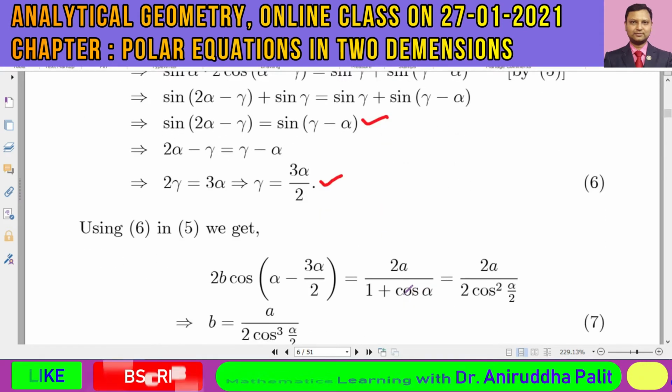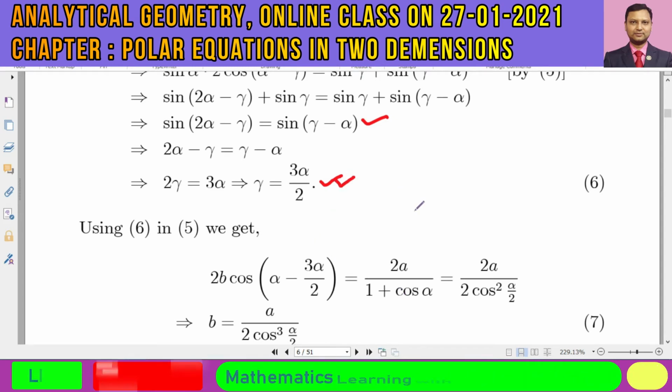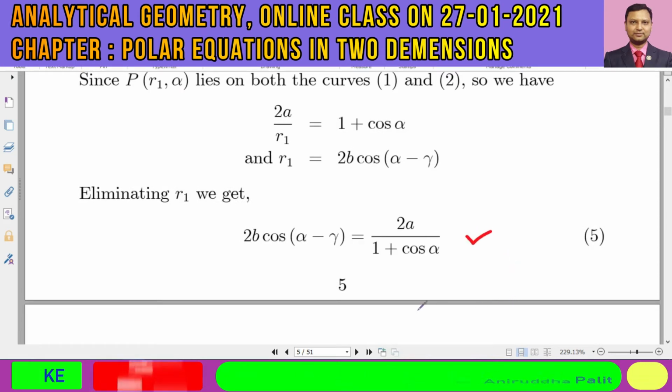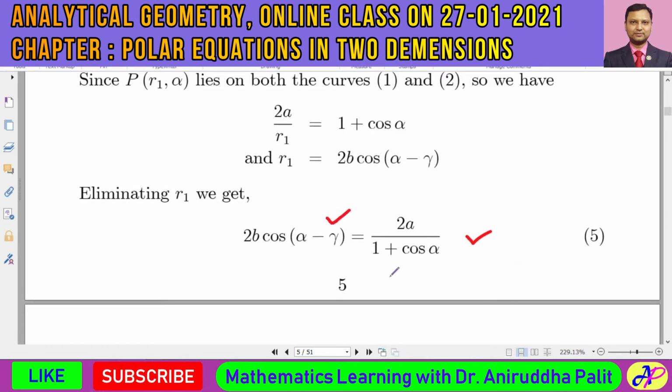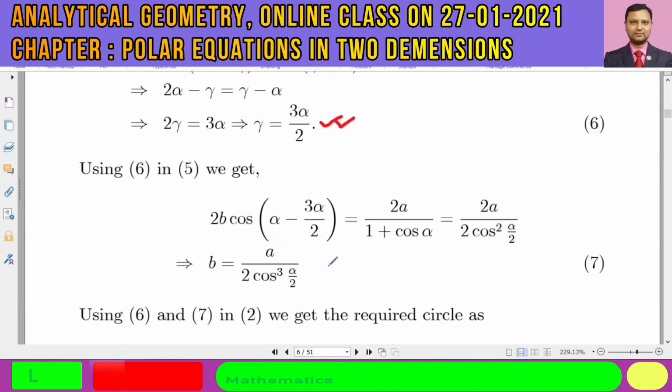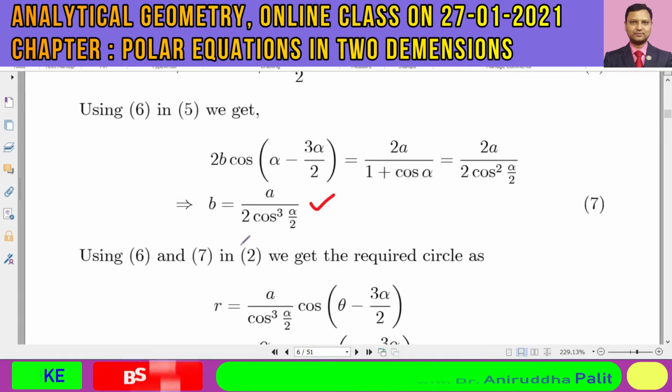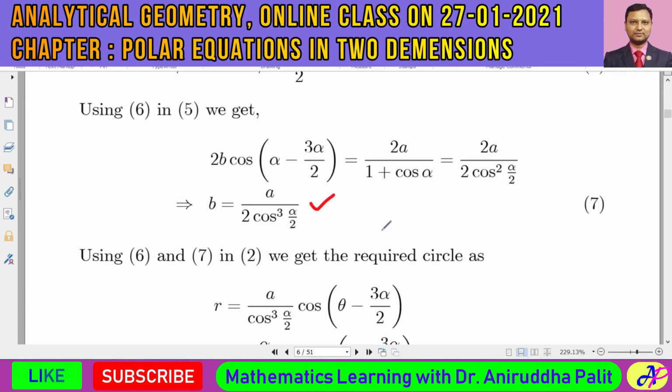Now, if we put gamma is equal to 3 alpha by 2 in this equation number 5, then we can compute the value of small b, and that can be written in this fashion: a divided by 2 cos cube alpha by 2.